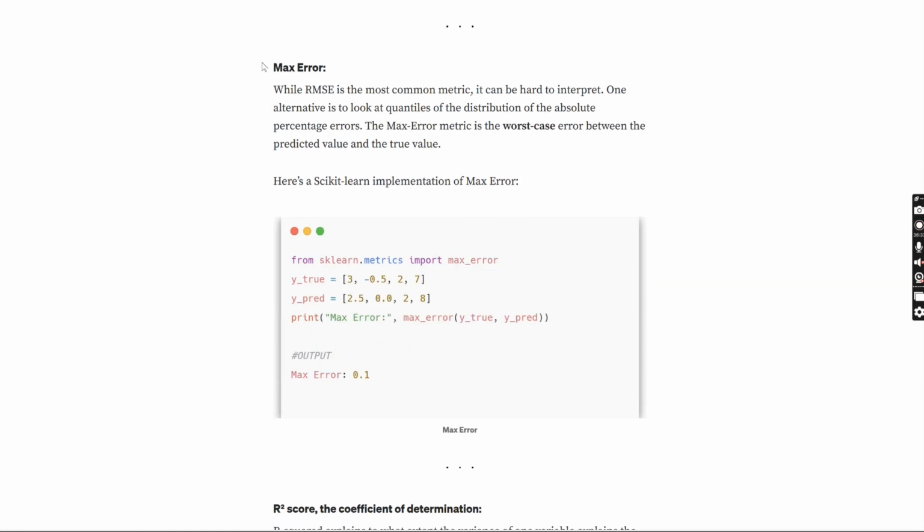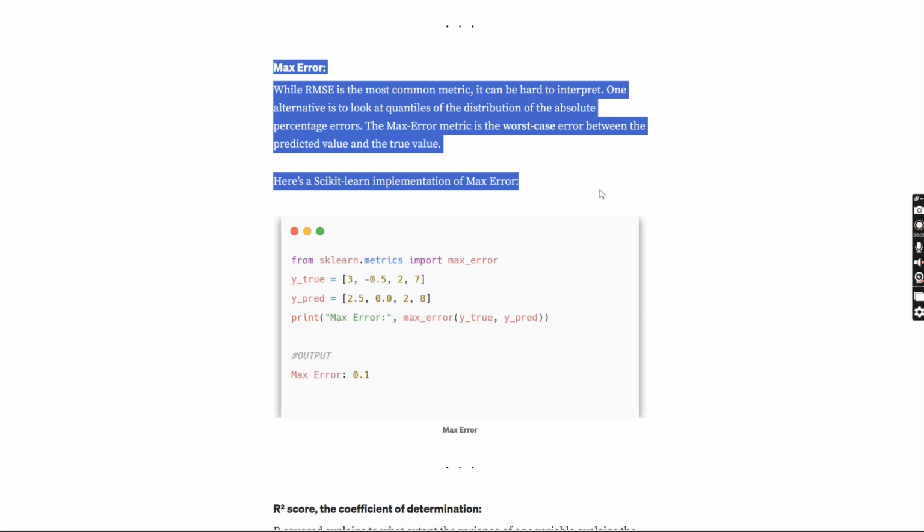Now max error, the worst case scenario. If I open the coffee shop at a certain location, the worst loss per item, very important, per item, I may incur is, or overall error, because you notice the max error you are calculating on the entire data set.